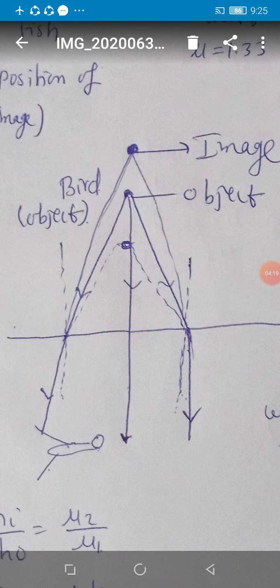In the first case, the observation was from the rarer medium, and the object, that fish, was lying in the denser medium, so he sees the image at a little less depth. These are two important facts you have to remember, student, and you have to know the logic behind the refraction also.